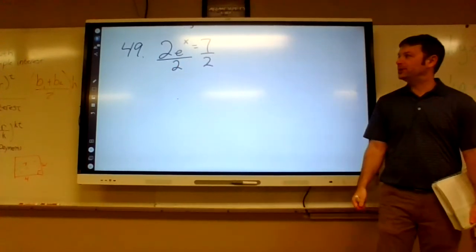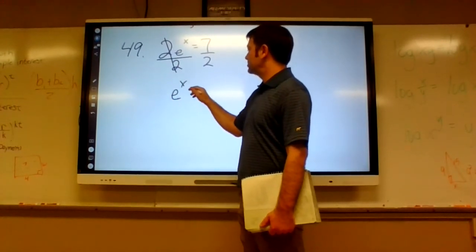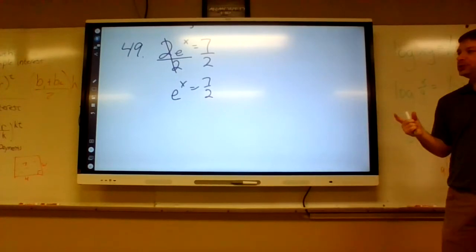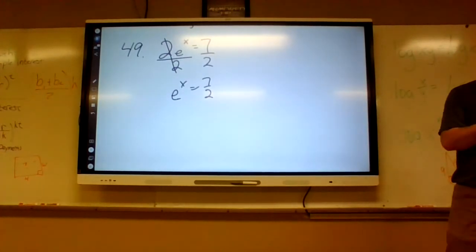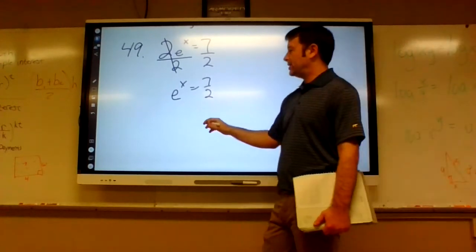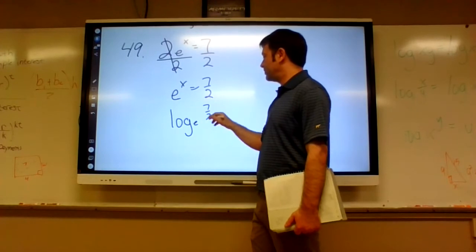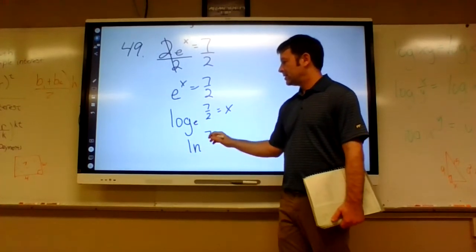So I'm going to divide by 2. So e to the x equals 7 halves. Now we got a basic exponential equation. So what's my next step? Change it into a log. In this case, yeah, it's log base e of 7 halves equals x, but log base e is just natural log.